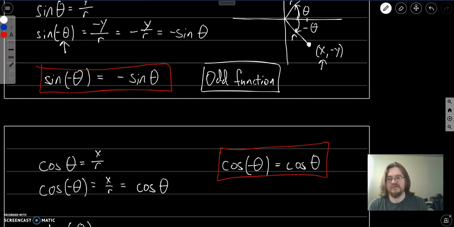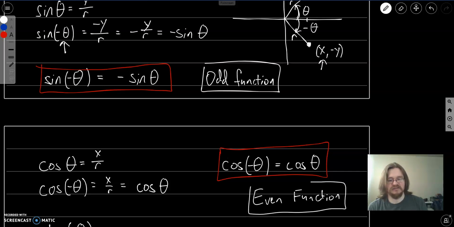And if sine was what's called an odd function, this is what's called an even function, because of some other properties that the cosine has. The odd and evenness comes from a different place. But essentially, if I put a negative angle in the cosine, I might as well just put the positive angle. So that negative sign doesn't affect the cosine, whereas it does affect the sine.